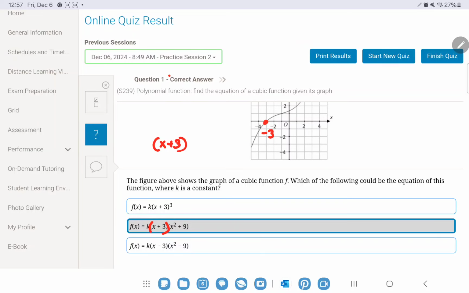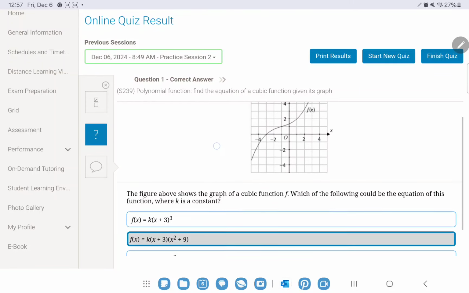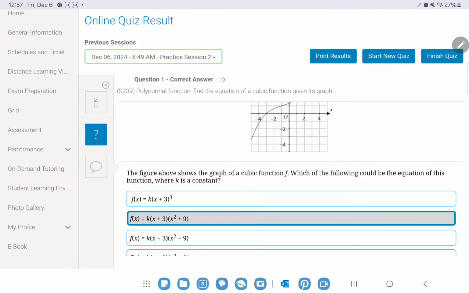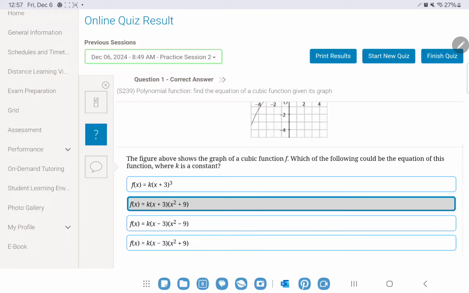And look, if it was passing through the origin, it would just be x plus 3 cubed. But since it's not passing through the origin, it's this. The way I'm solving it right now is by the process of cancelling. Like I said, until Tariq makes that video, he's going to re-explain this question using derivatives.